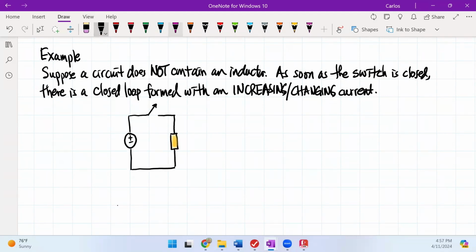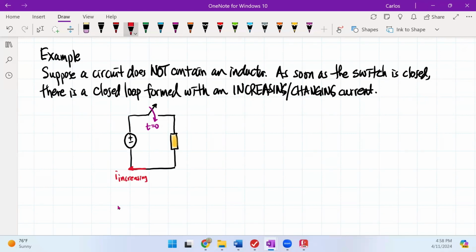As soon as the switch is closed at t equals 0, I now have a current that's increasing.